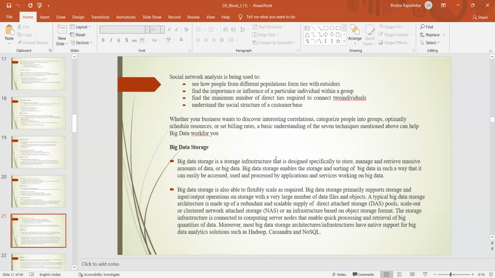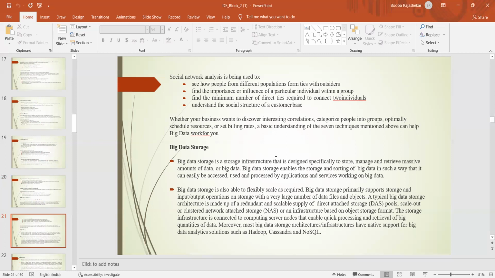The next one, big data storage. Big data storage is a storage infrastructure that is designed specially to store, manage and retrieve the massive amount of data, or big data.